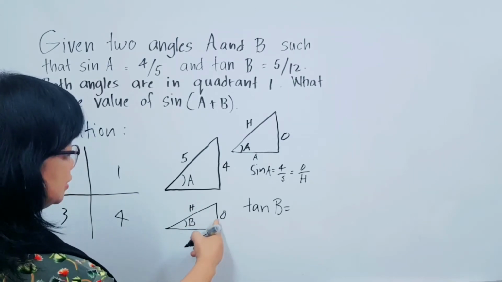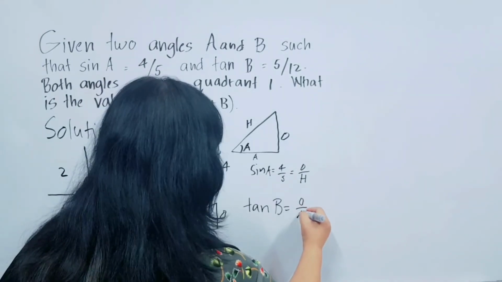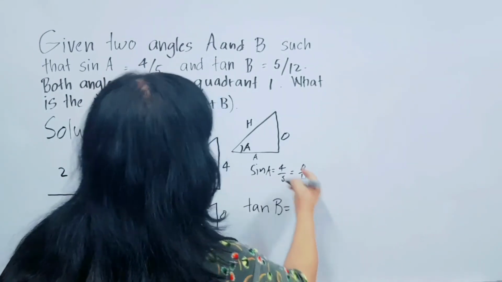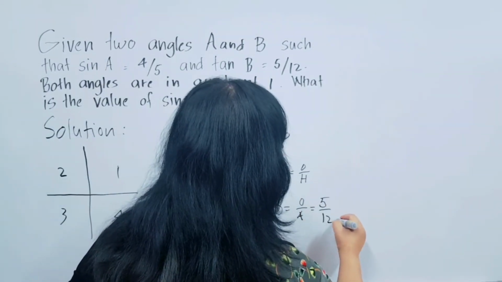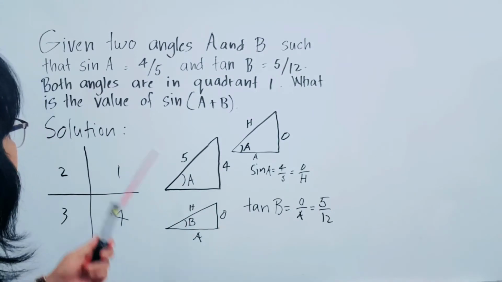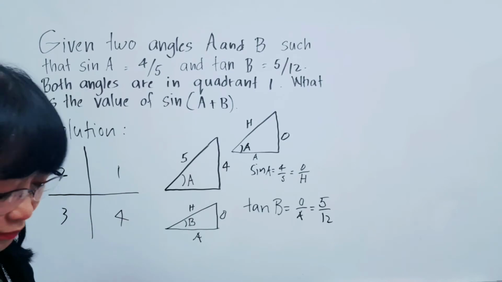So, tangent B is equal to the opposite over the adjacent, or it's given to be 5 over 12. Now here, what is required is the value of sine A plus B.